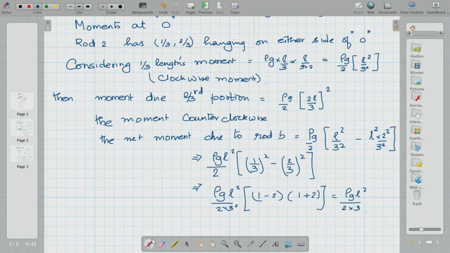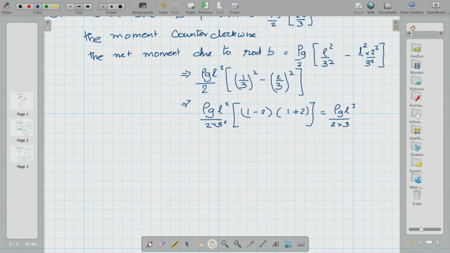Substituting L as b, we get the moment due to rod B is going to be rho g b squared by 2 into 3.